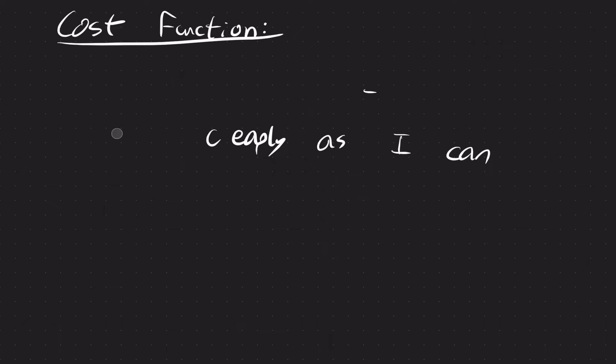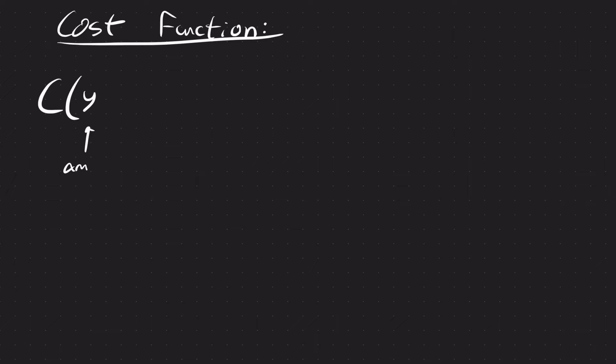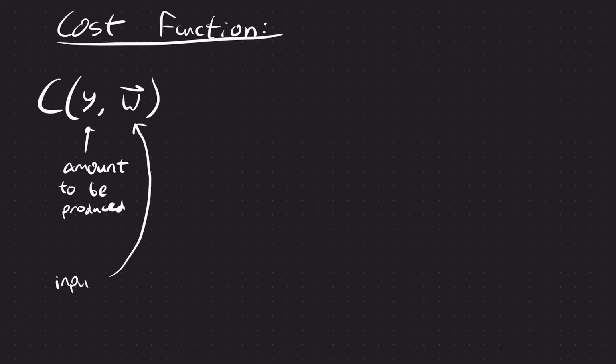And so the way we define a cost function is it's going to depend on y, the amount to be produced, and the w's, which are going to be the input prices.